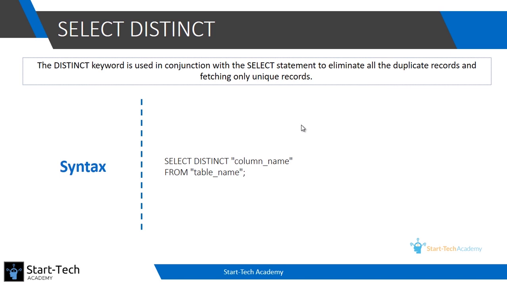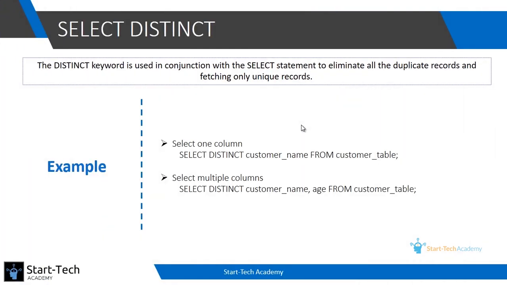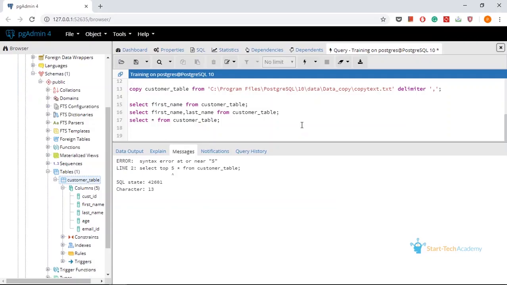Let us see an example. To retrieve only a single column with customer's first name, we will write select distinct first name from the customer table. To get multiple columns, we will write first name and age and get it from the customer table. Let us go and write this in the PG Admin window.